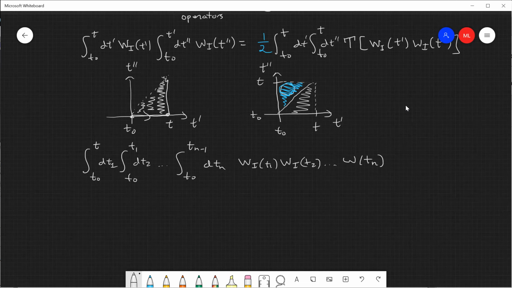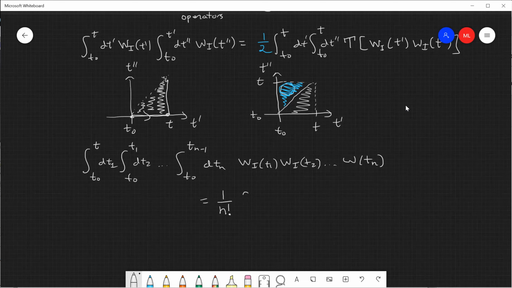Well, then I can play the same trick of introducing a time ordering, and you can convince yourself that the amount by which you expand your region of integration is n factorial. So here it was by an amount 2. In general, it's going to be by an amount n factorial, where n is the number of integrations that you have.